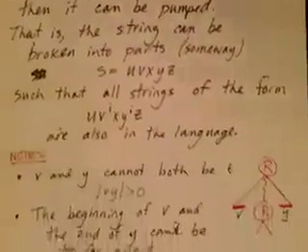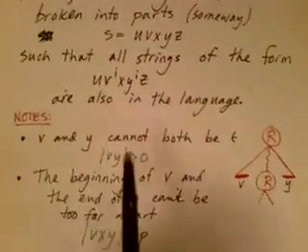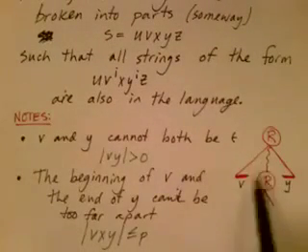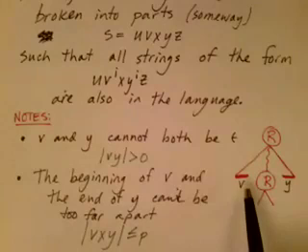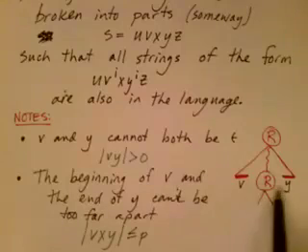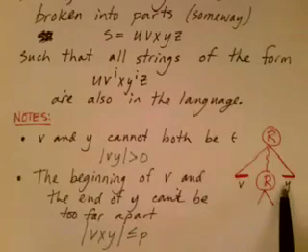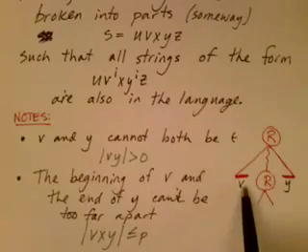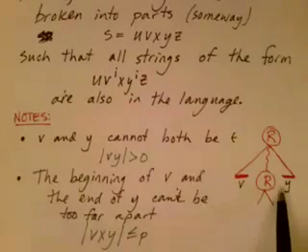Now we've got another couple of caveats. In order for this to work, notice that V and Y have to be non-empty. At least one of them has to have some symbols in it. We can't get arbitrarily long strings using this pattern if V and Y are both epsilon, the empty string.